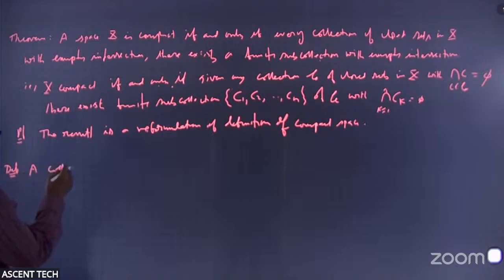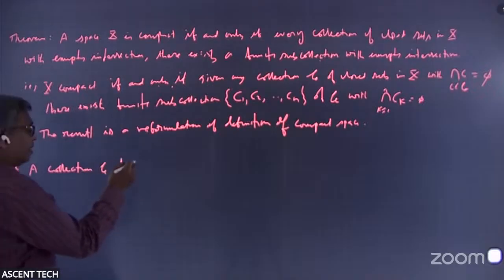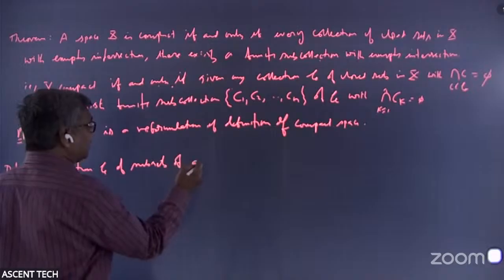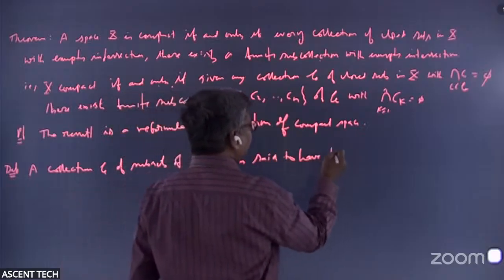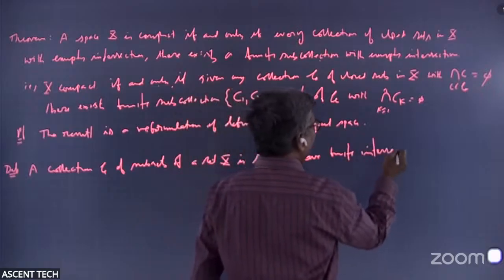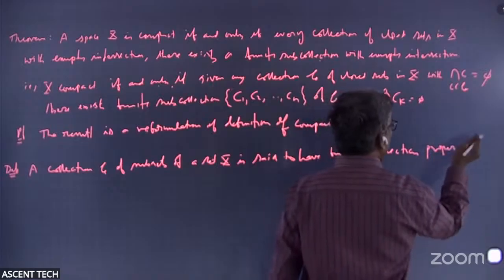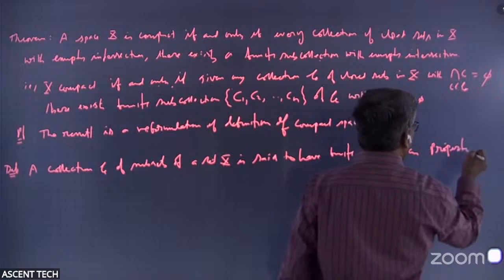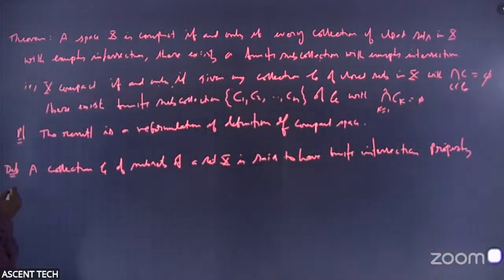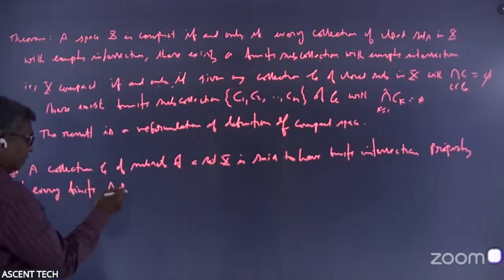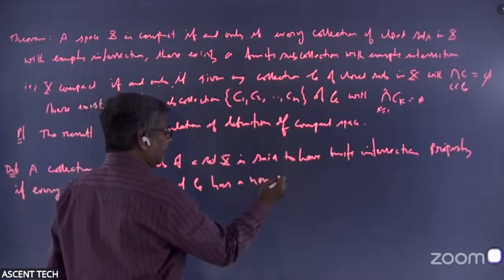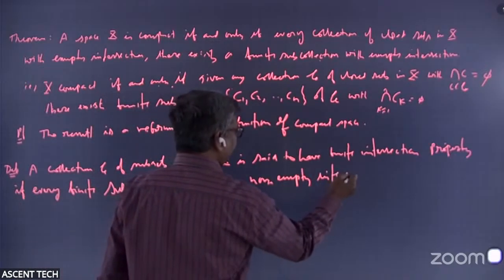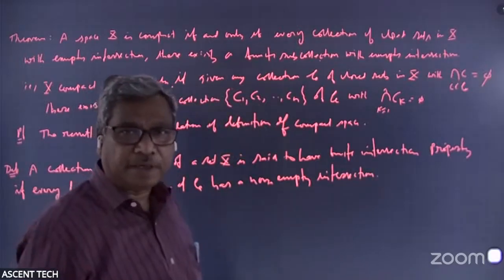A collection C of subsets of a set X is said to have the finite intersection property if every finite subcollection of C has a non-empty intersection. Every finite subcollection has a non-empty intersection.